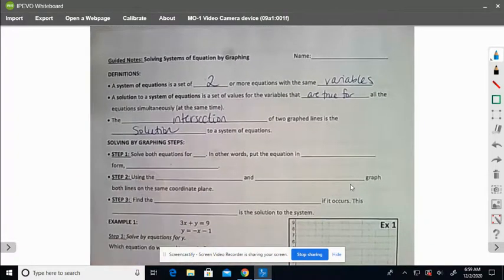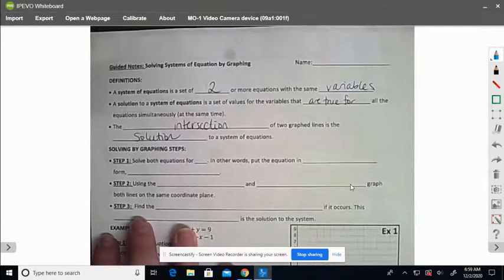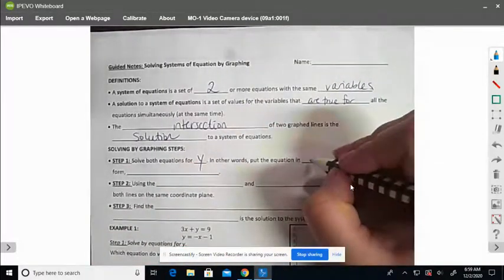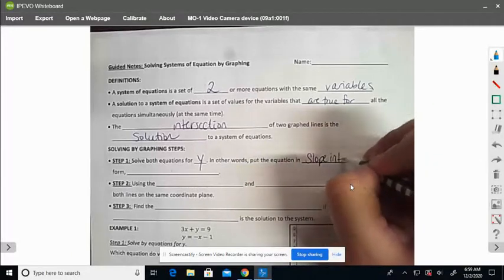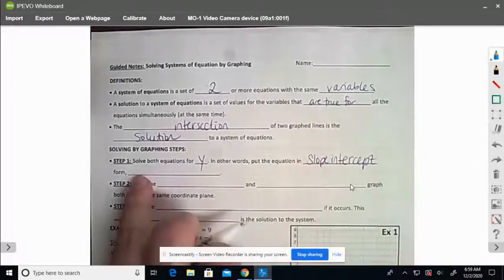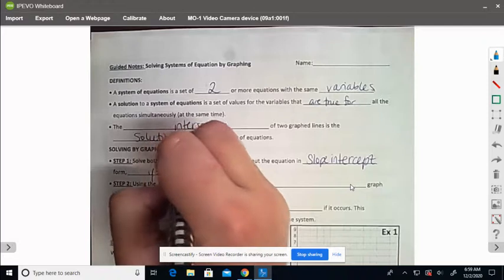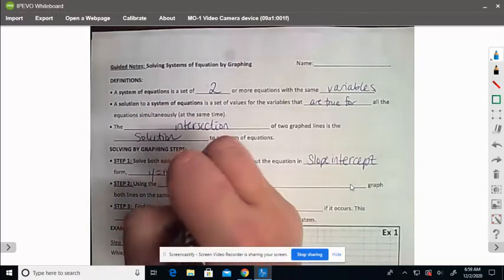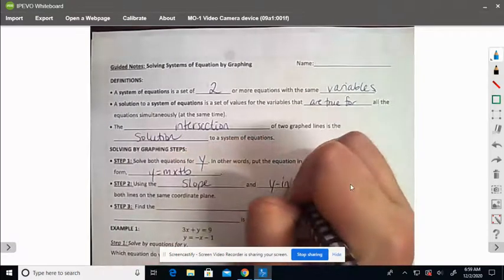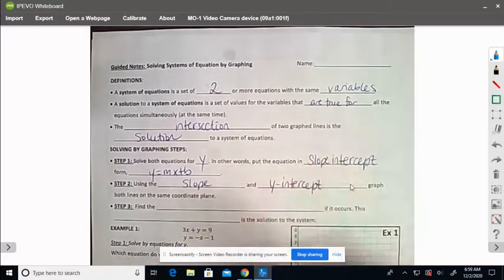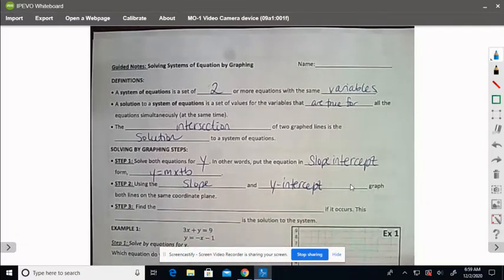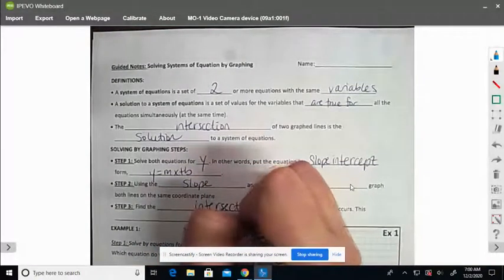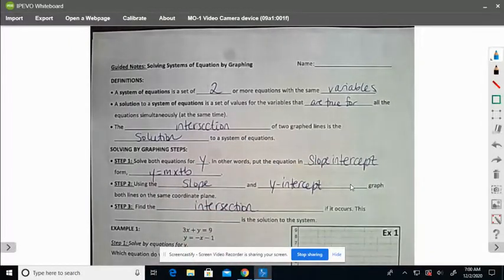The first thing we haven't had to do yet, but we do now, is solve both equations for y. In other words, we need to put the equation in slope-intercept form, which is y equals mx plus b. Then, using the slope and the y-intercept, we graph both lines on the same coordinate plane and find the intersection if it occurs.